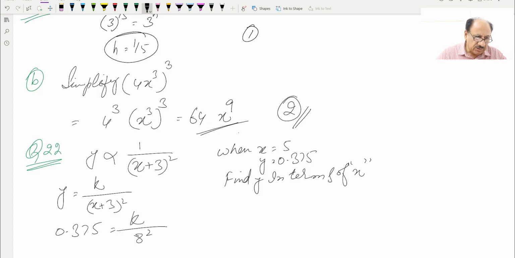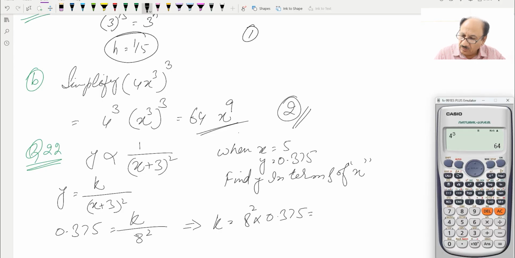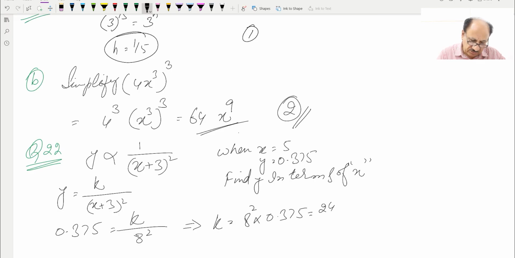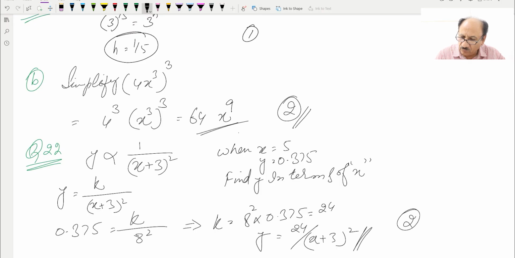This implies k is equal to 8 square into 0.375, which is equal to 24. So our final answer will be, replacing 24 here, y is equal to 24 over (x plus 3) square, and this is our final answer, and this is for 2 marks. Hopefully you understood this question as well.